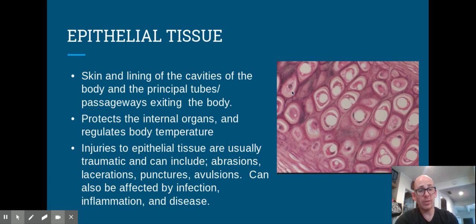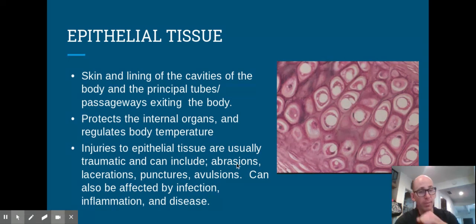The types of injuries that we get to epithelial tissue are usually traumatic. That means there's trauma involved, which, when people think of trauma, they think of how you feel, but basically trauma just means an injury. Something has hit, torn, or broken that tissue. So things like abrasions, lacerations.